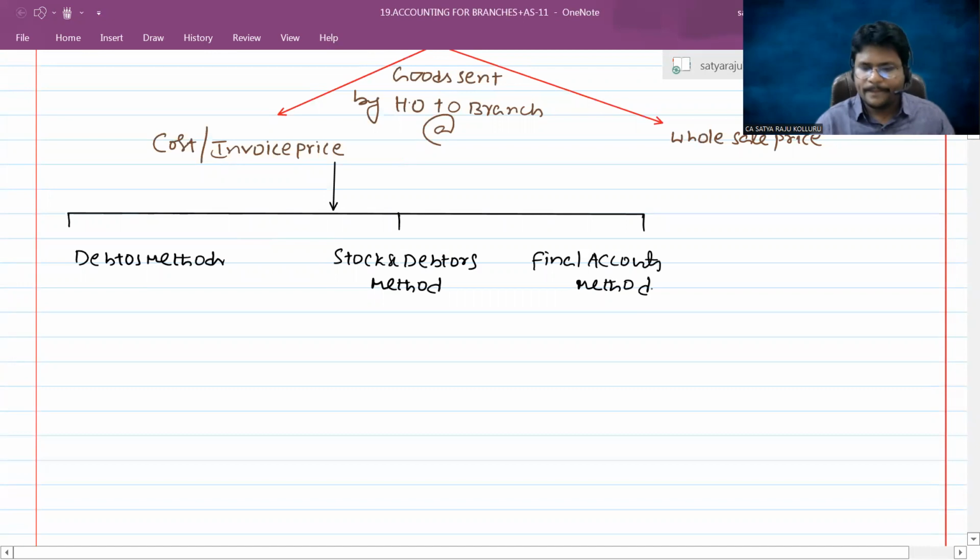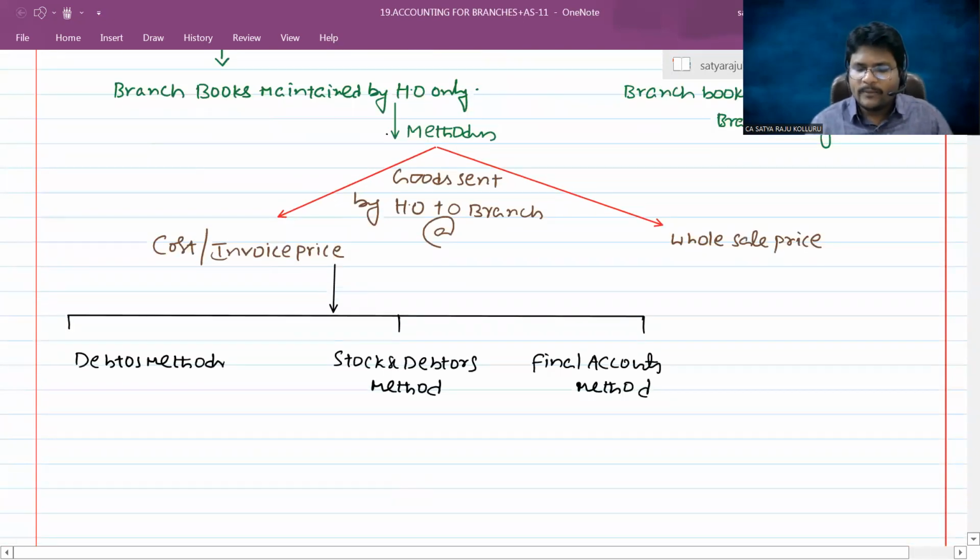Am I right, guys? So if goods are sent by head office to the branch at the rate of wholesale price, then the method we need to adopt is wholesale price method. The method itself is wholesale price method.